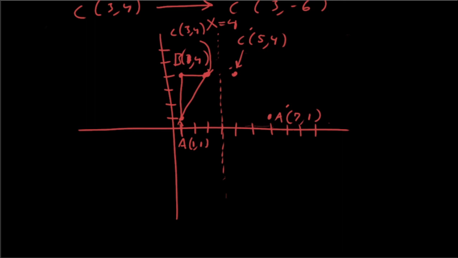And B prime is going to be right here, and that's going to be 7, 4. So here's our reflected triangle.